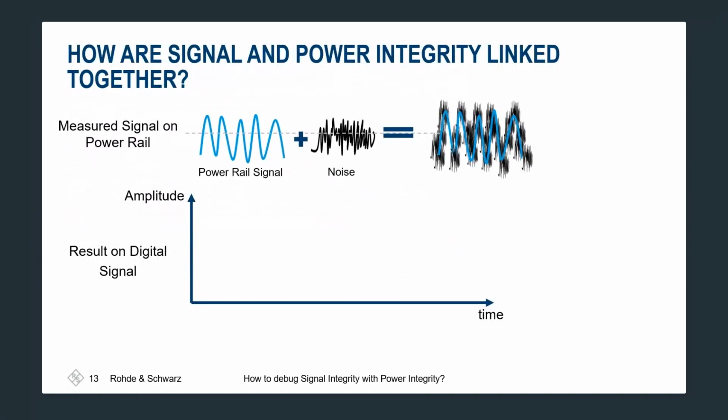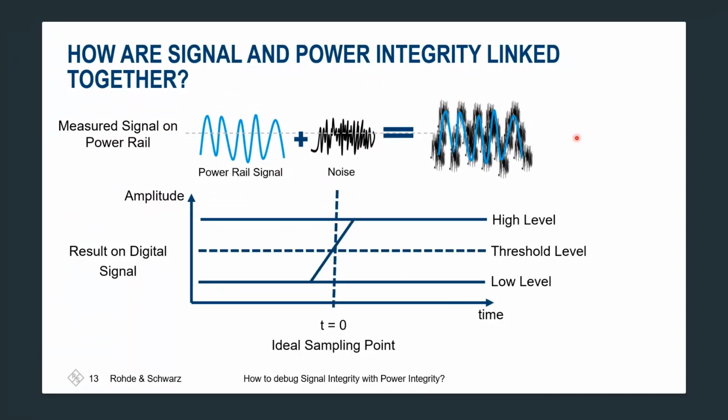So how are signal integrity and power integrity linked together? When thinking about power rail noise, we have instrument noise added to it. And thus we are seeing this combined signal on the oscilloscope screen. For example, NRZ-coded signals have certain high, low, and threshold levels, and between those levels we have a rising and falling edge of the signal.